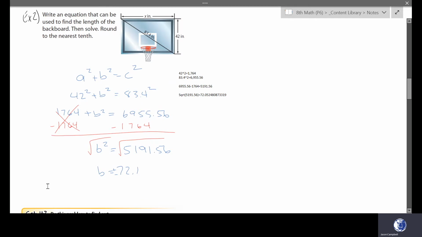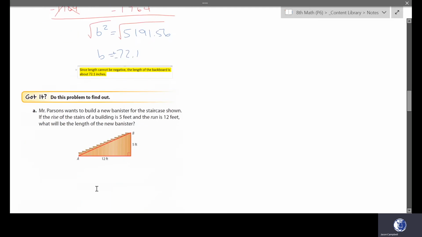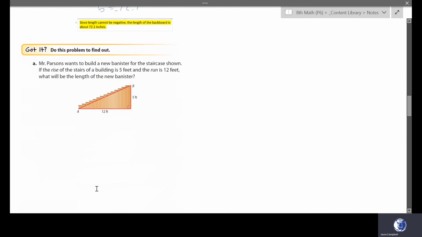Since length cannot be negative, the length of the backboard is about 72.1 inches. Go ahead and try Got It A, and then resume this video when you're done.